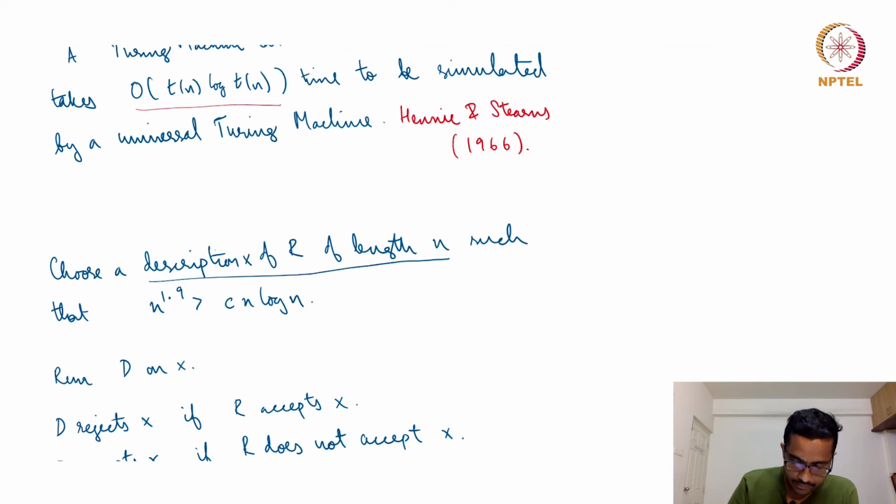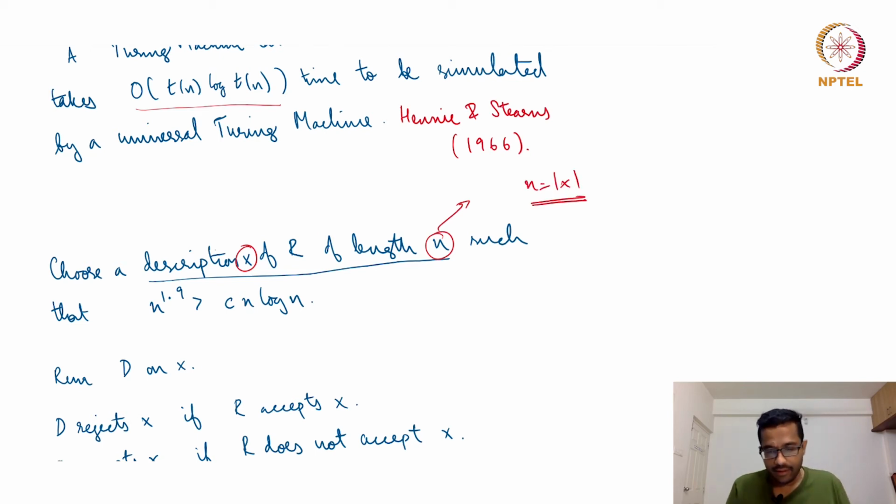Amongst all the descriptions, we pick a description X. So let n be the length of the description of X. X is describing R, and X is chosen such that, obviously n power 1.9 is bigger than n log n, but maybe for small values of n, the right hand side is bigger.